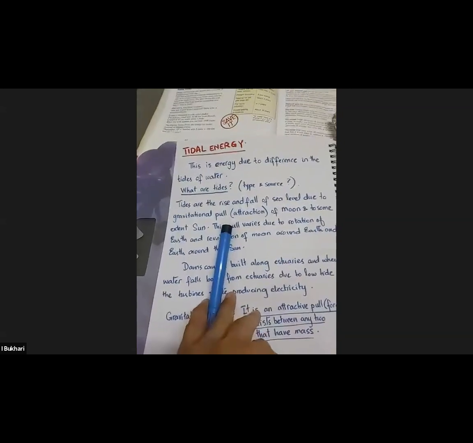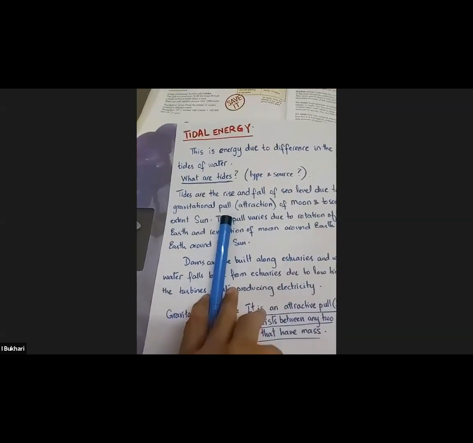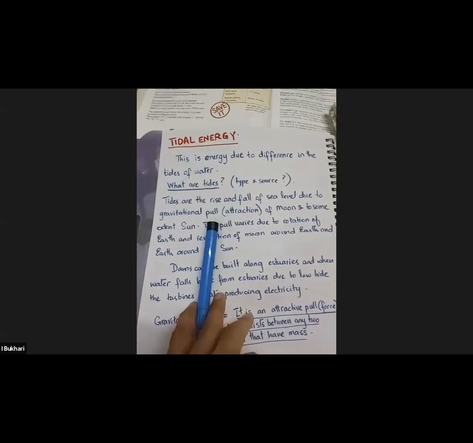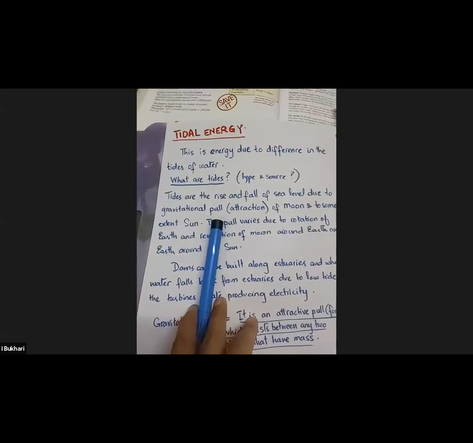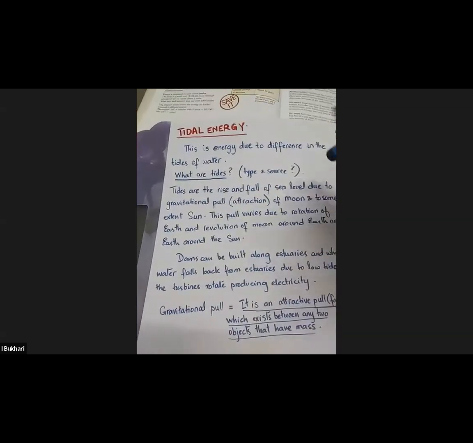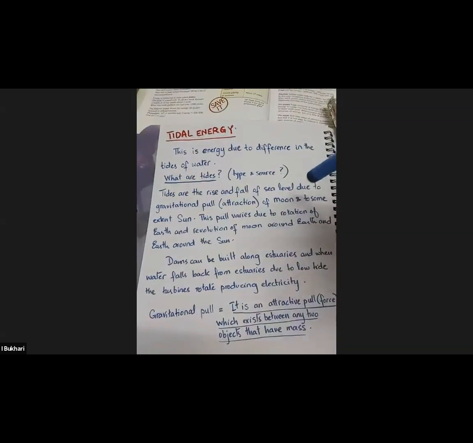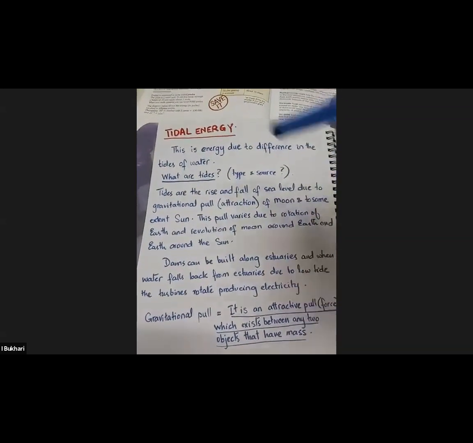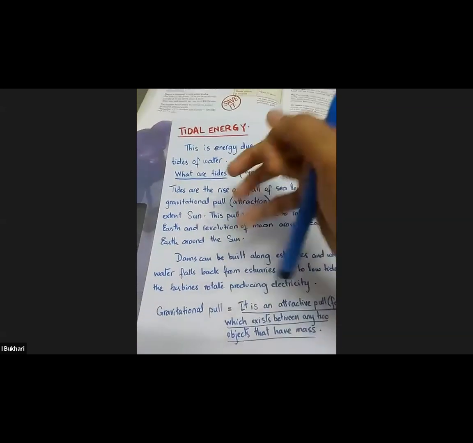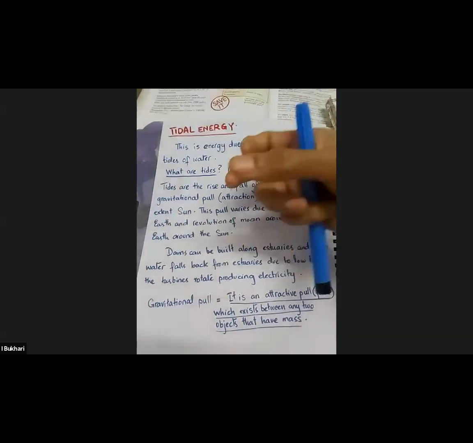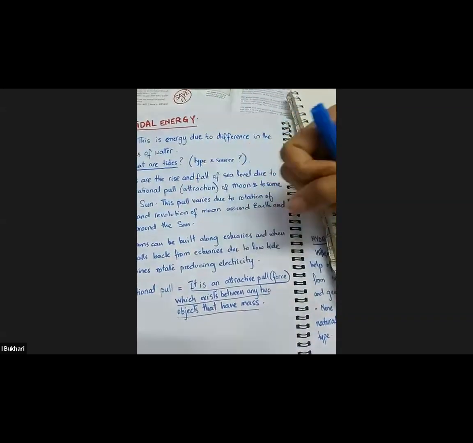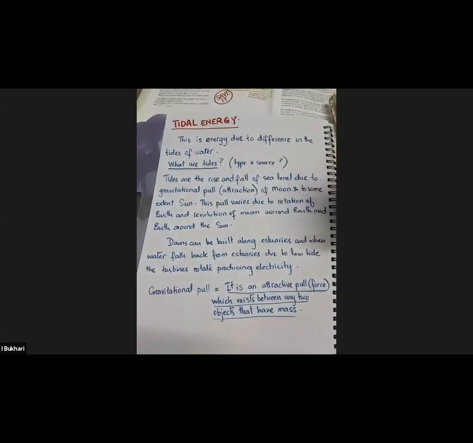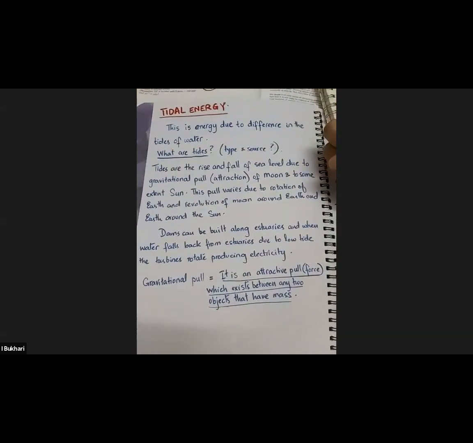So gravity is not only between the earth and us and the objects on it; gravity is between any two objects. It is due to the attractive pull exerted by the moon on the earth that the water is pulled towards the moon, and that causes the level of the rivers, oceans and seas to rise.